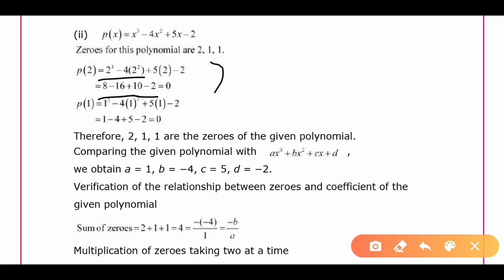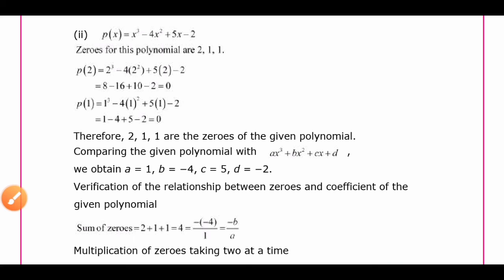Now again we'll put the next zero in this polynomial. We'll get p of 1 equals 1 cube minus 4 into 1 square plus 5 into 1 minus 2. Again we'll get p of 1 equals 0. Clear?